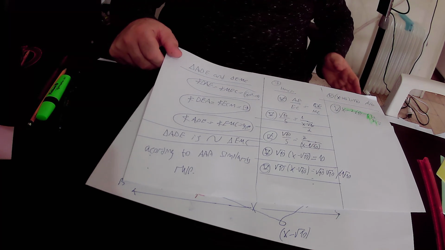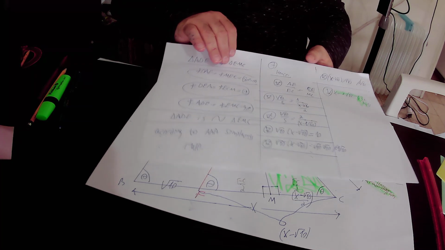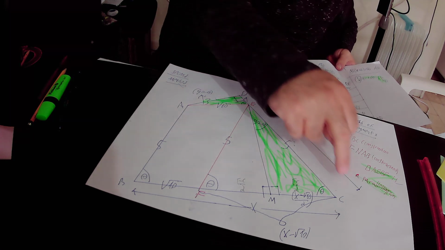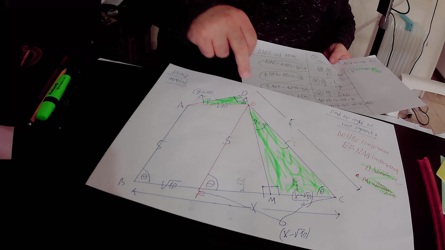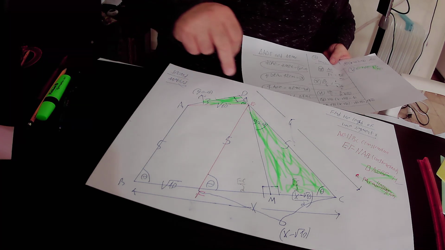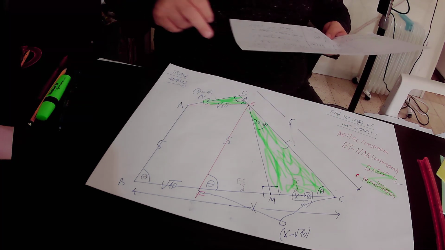And from the fact that those two right triangles are similar, we conclude that AE over EC equals DE over MC.